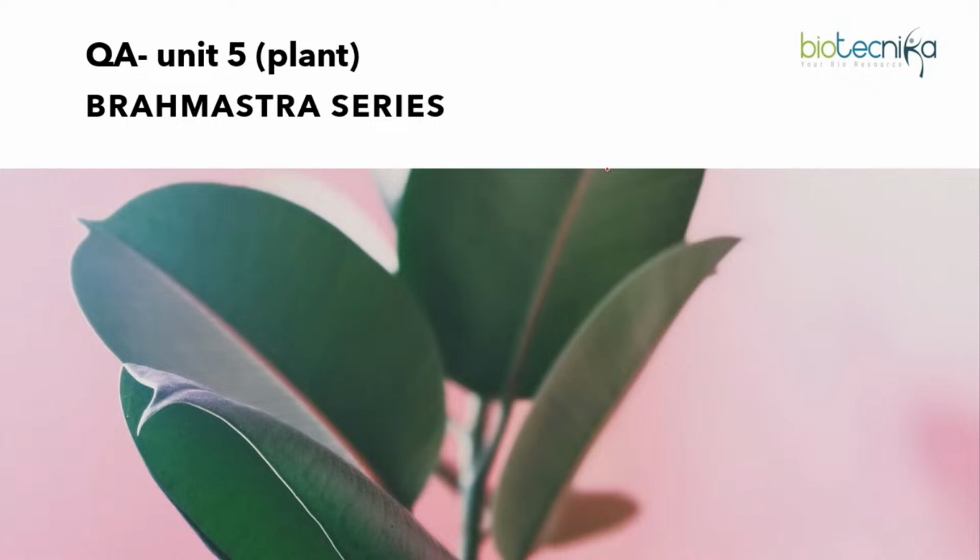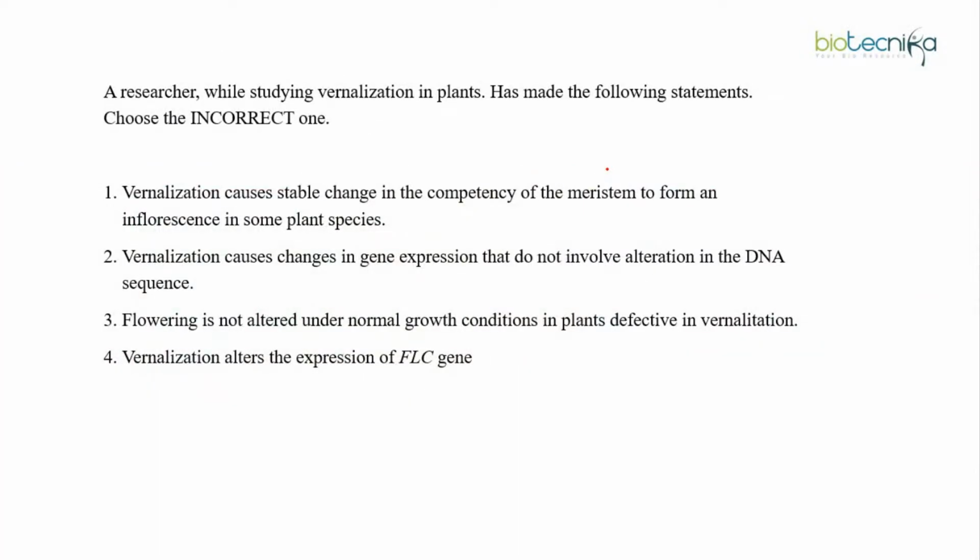Okay. So, the first question. A researcher, while studying vernalization in plants, has made the following statements. Choose the incorrect one. Number one, vernalization causes stable change in the competency of the meristem to form an inflorescence in some plant species.